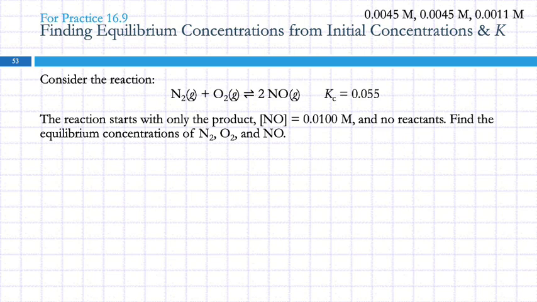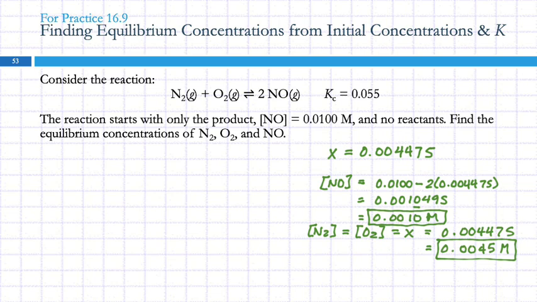So here, they rounded it a little bit differently, right? So this is the same, but here they called it 0.0011. Well, where'd that come from? Honestly, I'm not sure. Because I got 10 here. 0.01 minus 2 times 0.004475.